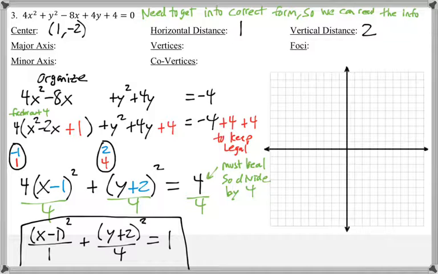So this is going to be at 1, negative 2, and then my horizontal distance is 1, so I need to go to the right one and to the left one. And then my vertical distance is 2, so I need to go up 2 and then down 2. So I'm starting at the center and then working my way horizontally and then working my way vertically.